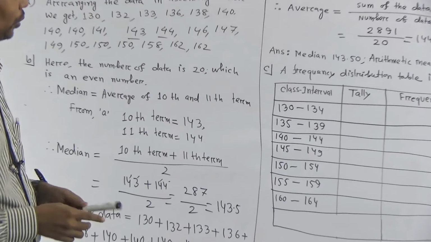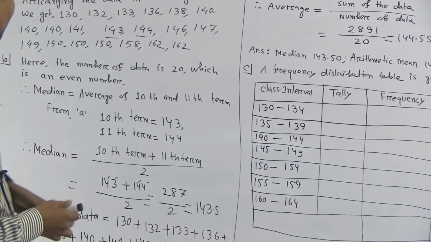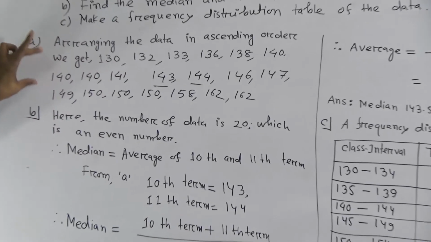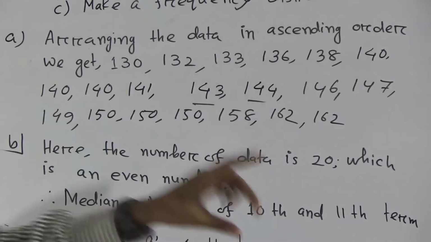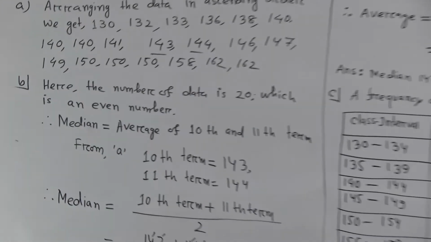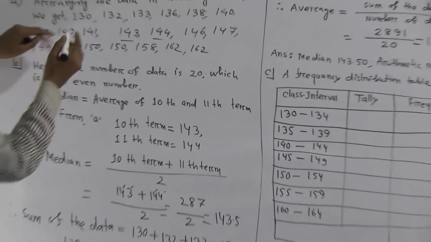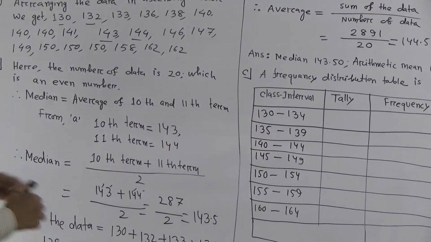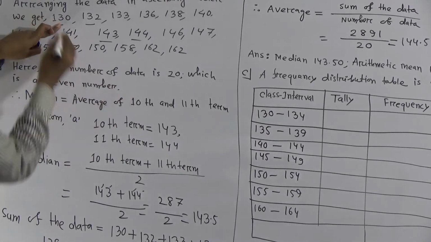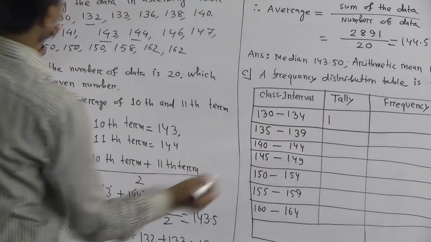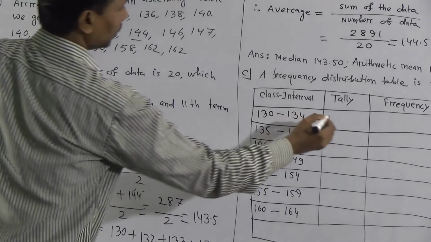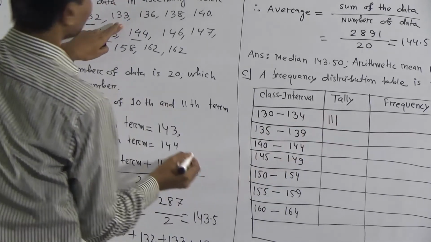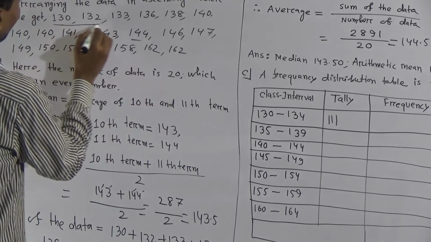Now I will make a frequency distribution table using the information of the a number question. Look, first you see 130 to 134. Which number do you see? This is 130. Give one tally. This is 132 here. Then 133 here also. Okay, you can give like this way.